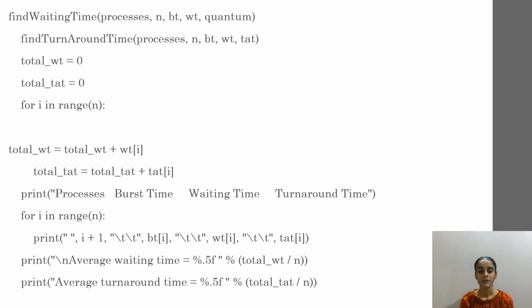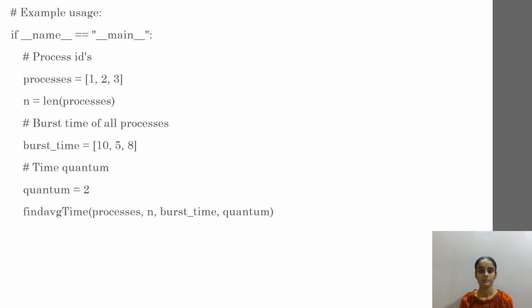Total turnaround time is equal to 0. For i in range of n, total wait time is equal to total wait plus waiting time of i. Total turnaround time is equal to total turnaround time plus turnaround time of i. Print processes, burst time, waiting time, turnaround time for i in range of n. Print the average waiting time and turnaround time.